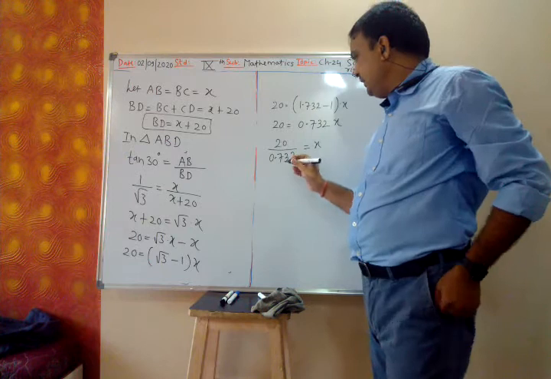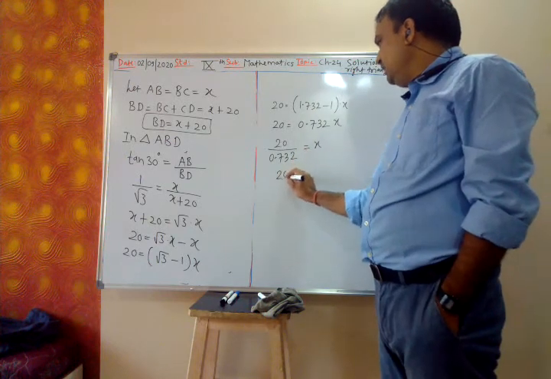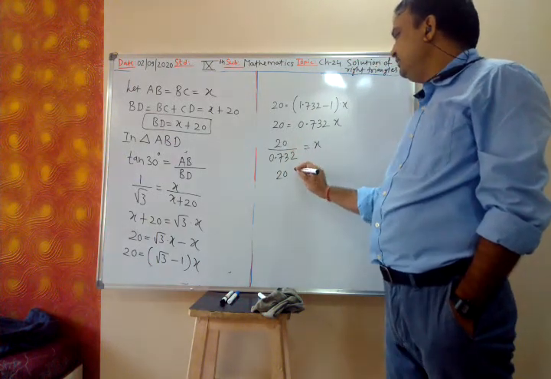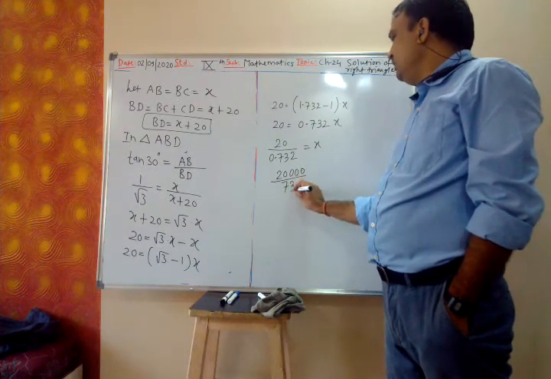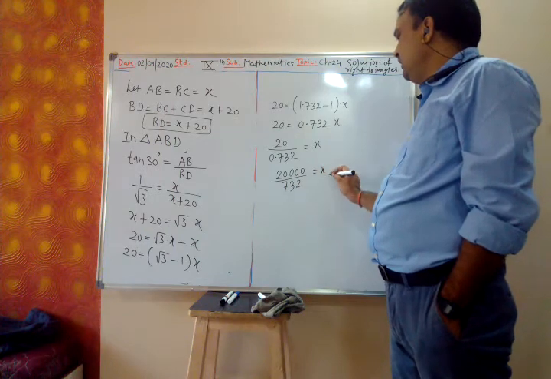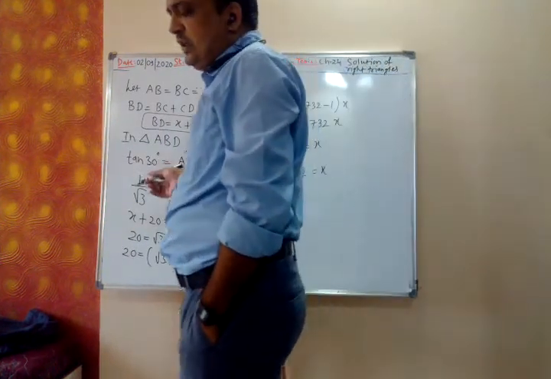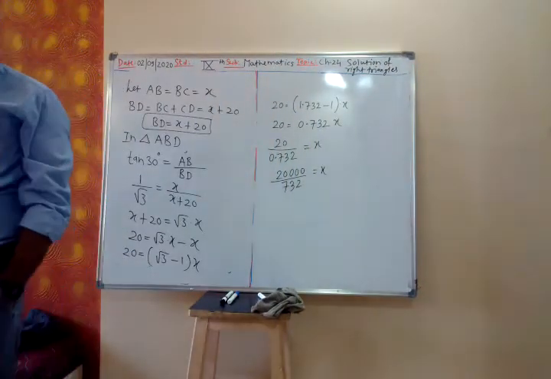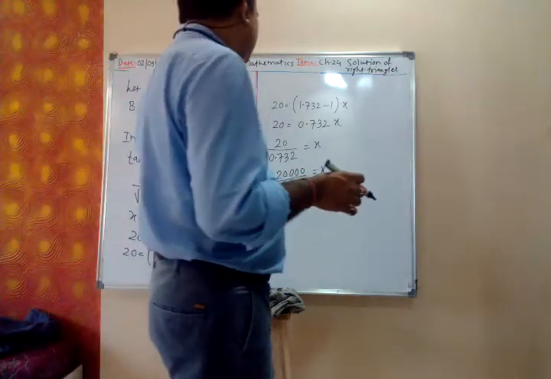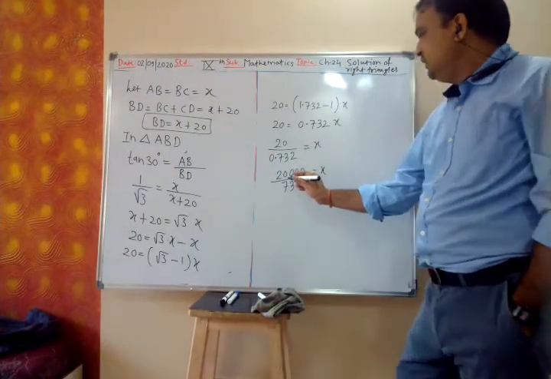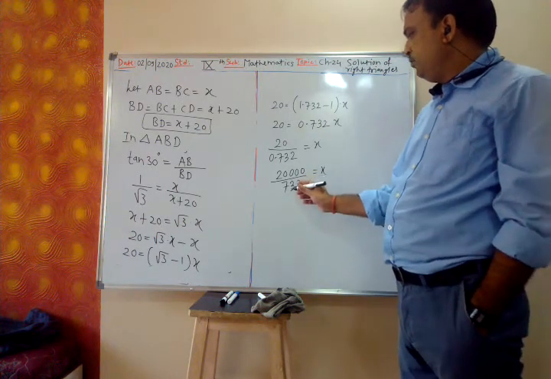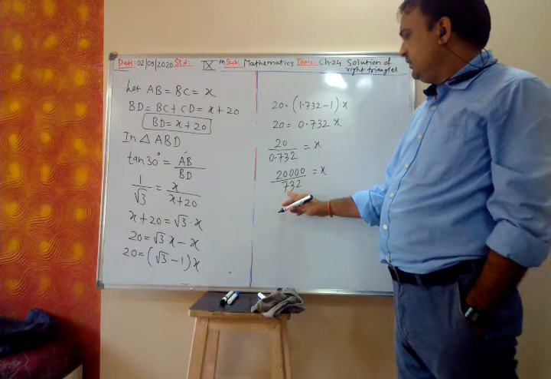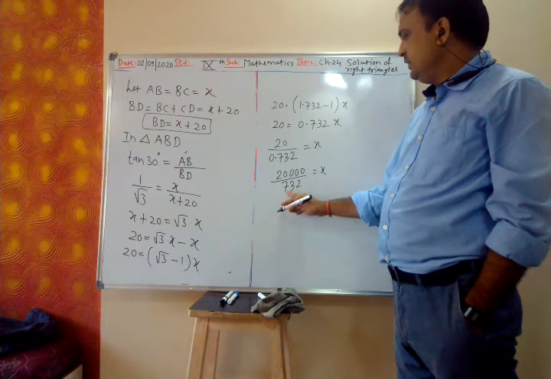Now you can simplify this: 20, then 3 zeros I will add, 20000 upon 732 is equal to X. Now cancel them, reduce them. You can reduce them by first two.